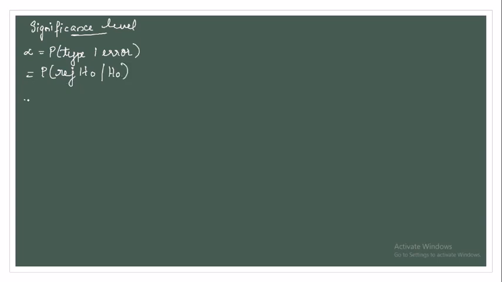Which is equal to the probability of rejecting H0, or when is the case when you reject H0? You have to write here your critical region. What is that? X greater than or equal to 6 given H0. What is your H0 in this case, or your null hypothesis? It is theta is equal to 5, right?